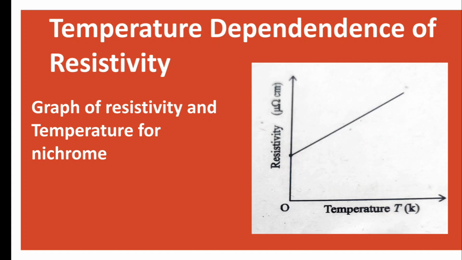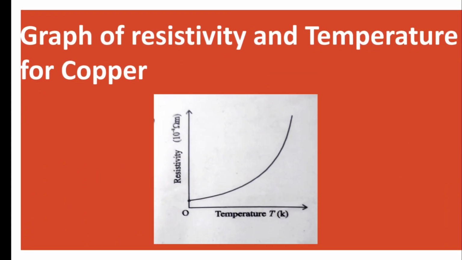Next, the graph of resistivity and temperature for copper is given like this: temperature along the x-axis and resistivity along the y-axis, and the curve is like this.